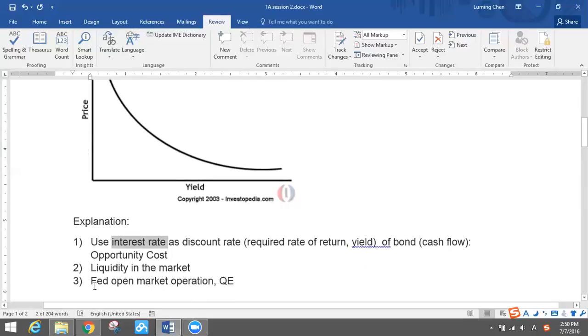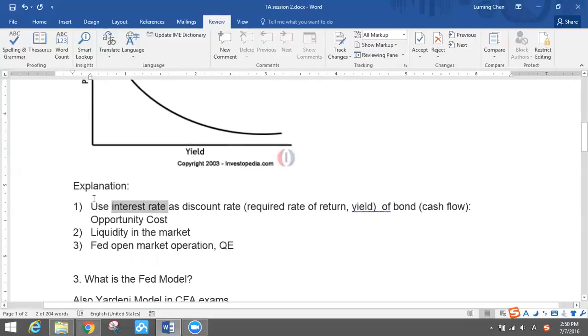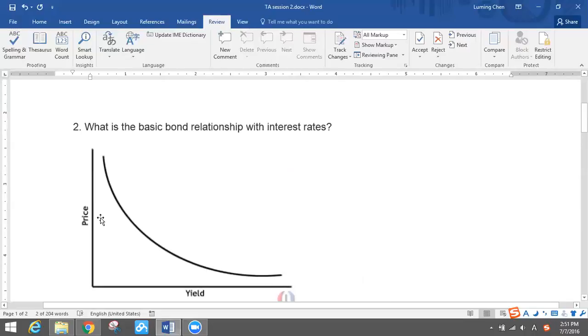So if the Fed purchases bonds from the Treasury, the bond price will rise because the demand is high, and the interest rate will be low because the Fed basically prints money, offering liquidity in the market to buy the bonds from the Treasury.